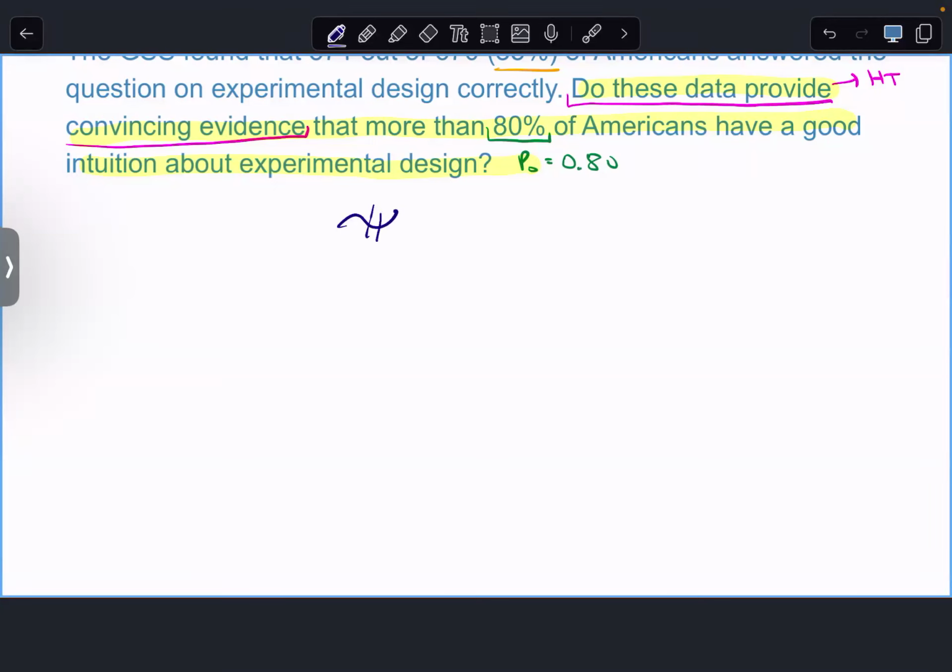That's the end of that example, sort of, because we can also use confidence intervals to informally test a hypothesis.